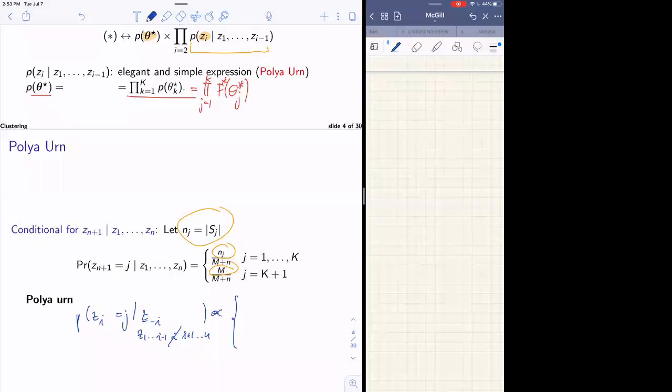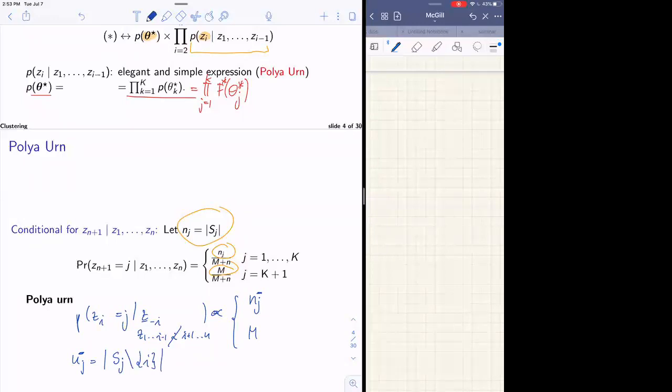It is, let's just write it as proportional to, let's call it nj minus, and m, where nj minus is simply the size of the jth cluster without the ith guy. So this is the size of the jth cluster without the ith guy.